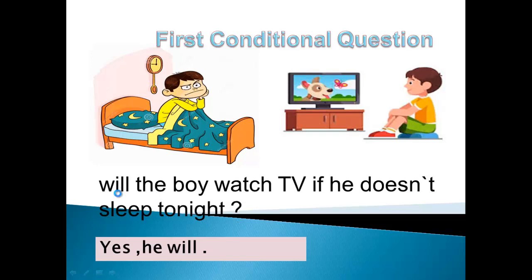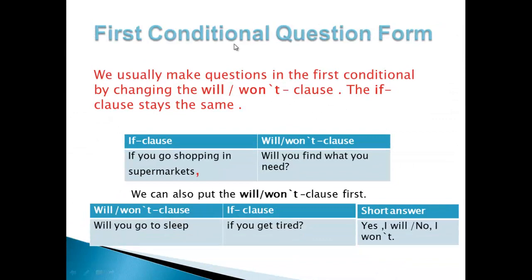Let's see the next one. Now, the first conditional question form. We usually make questions in the first conditional by changing the will or won't clause, but the if clause stays the same. Look at the table. If clause and will or won't clause. I will start with if. If you go shopping in supermarkets, will you find what you need? Question mark.